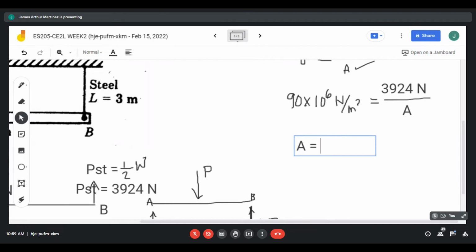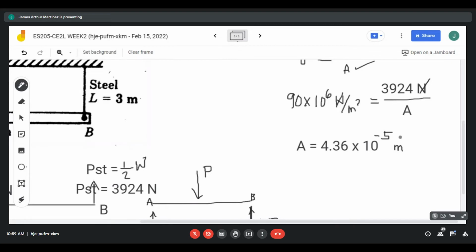I mean 3,924 divided by 90 times 10 to the power of 6. So you have 4.36 times 10 to the power of negative 5. So unit for this, makancel ang Newton. Ang mabilin is meter squared.